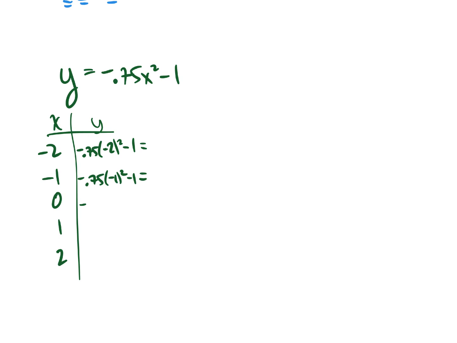We'll put in 0. Don't need a calculator for that one. We'll put in 1. And finally, we'll put in 2. So we put in all of the different numbers, negative 2, negative 1, 0, 1, 2. We put all those numbers into our calculator, and we punch out the y values for each of those.